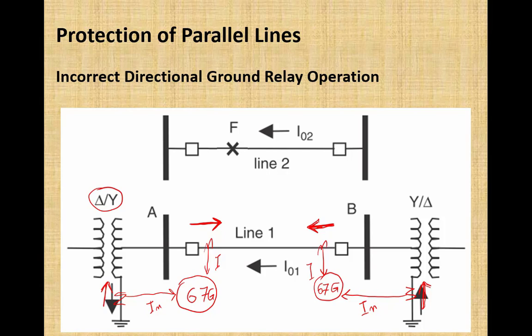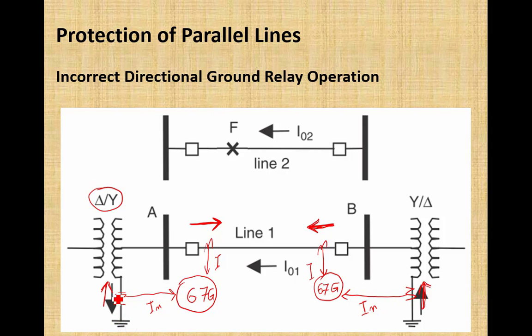Okay, so now this induced current will reach these two directional ground fault relays. How is it going to reach? Now this relay at substation A would consider this current as fault current, because it is flowing from line to the bus, and the neutral current is flowing from the neutral to the ground.